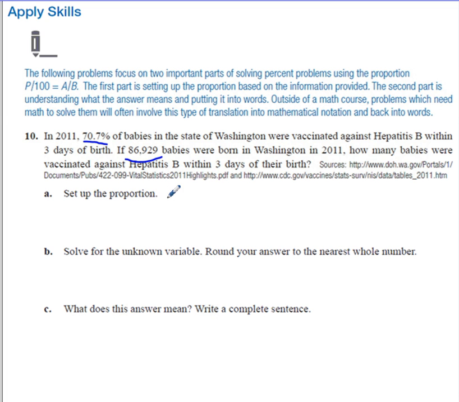So let's go ahead and set that up. Our percent will go over 100, 70.7 over 100. And then that's the same amount, and we have to figure out if 86,929 babies is the amount or the base.